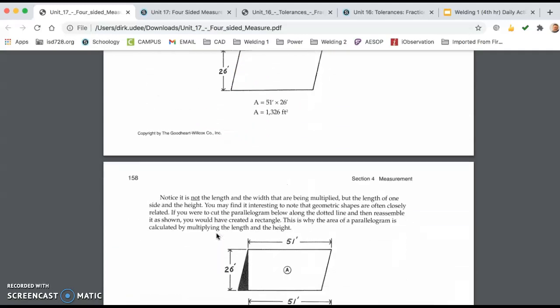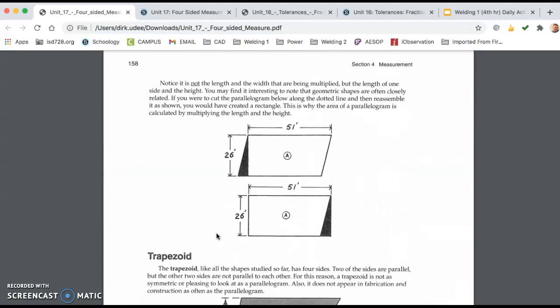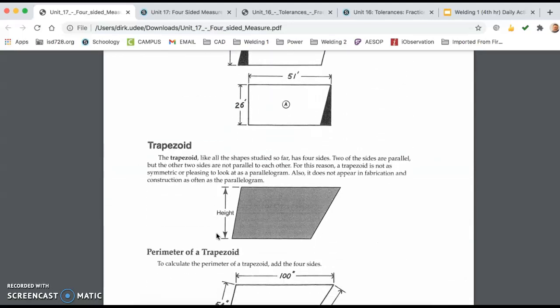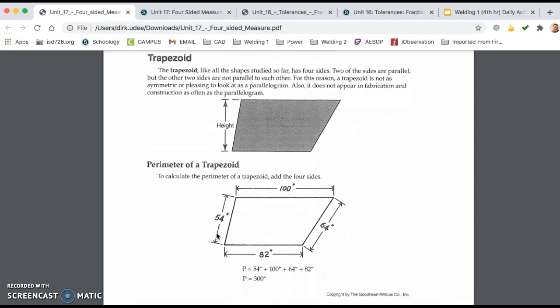And then finally we're moving into the trapezoid, which is down here. And again, perimeter of a trapezoid is add up all the sides, adding up all four sides. So thankfully, perimeter is a repeat for all four shapes. Add up all four sides for the square, rectangle, parallelogram, and the trapezoid.